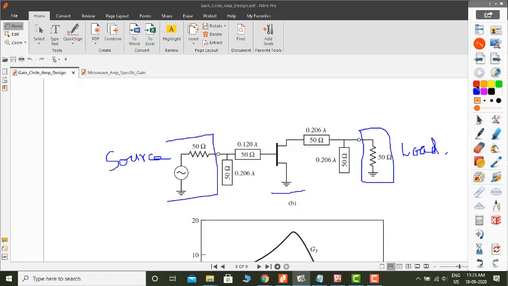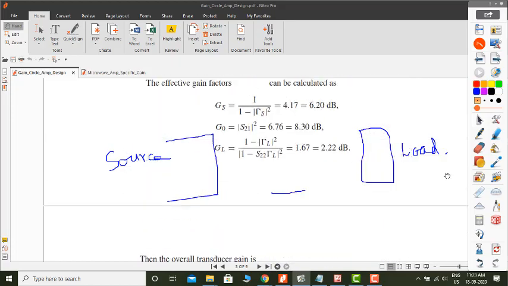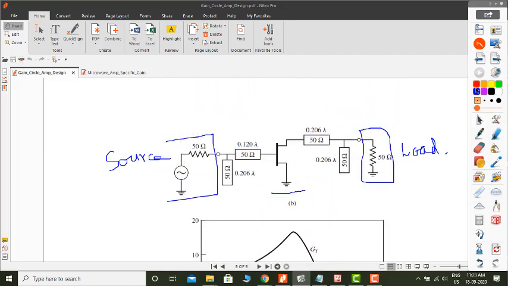Now we have to realize the required gamma S and gamma L values. Gamma S is the reflection looking towards the source through the matching network.